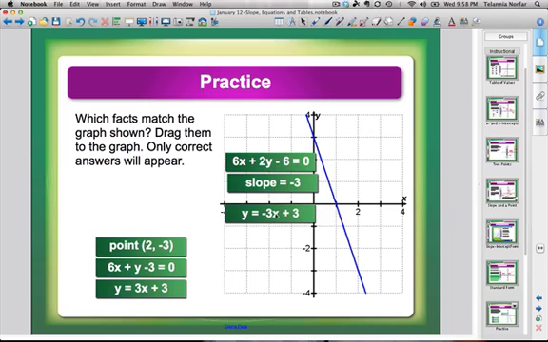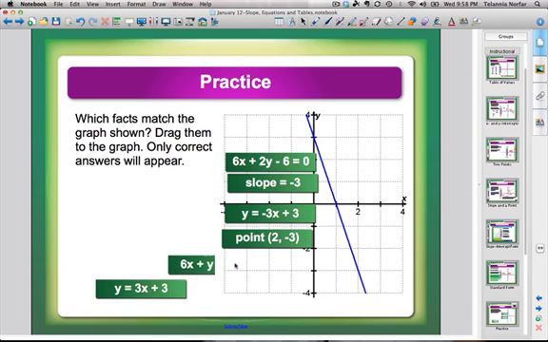Yes, the equation is also y equals negative 3x plus 3. You got it. The point 2, negative 3 does fall on the line. Oh, that's not matching. And that's not matching. Good job if you got these 4 correct.